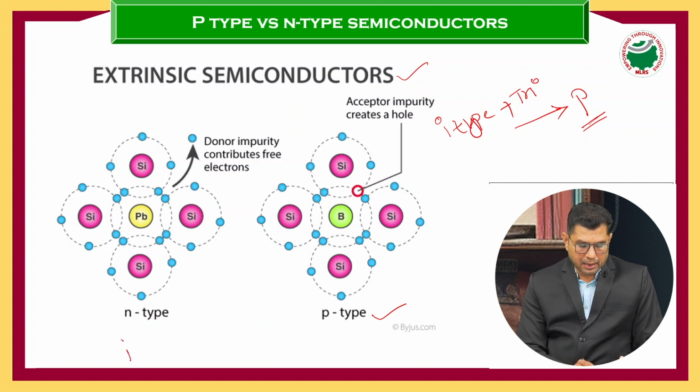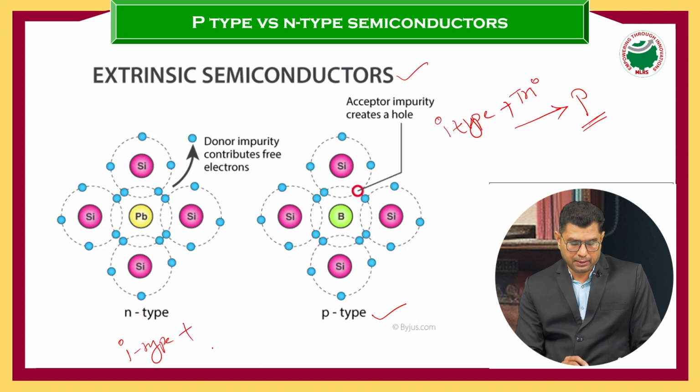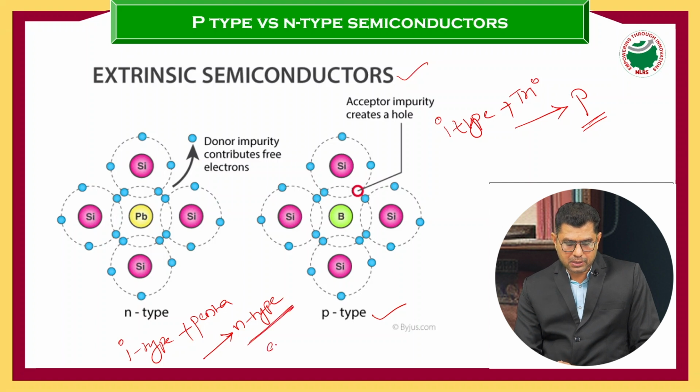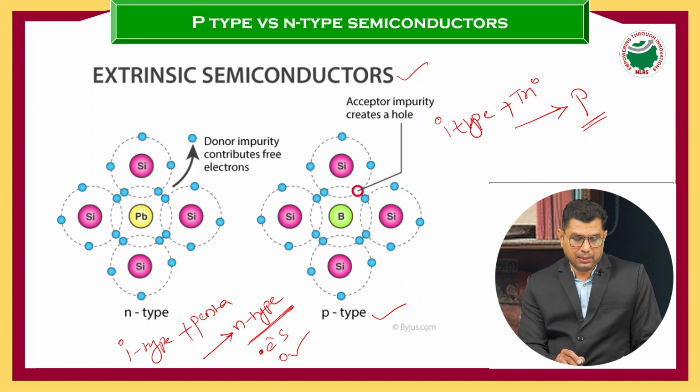In a similar manner, I-type, meaning intrinsic semiconductor, doped with pentavalent impurity will give you n-type semiconductor. Here N stands for negative. Negatively charged particles are electrons. That's why in n-type semiconductor, majority charge carriers are electrons and minority charge carriers are holes. Usually, we represent an electron with a filled circle and holes with an unfilled circle.